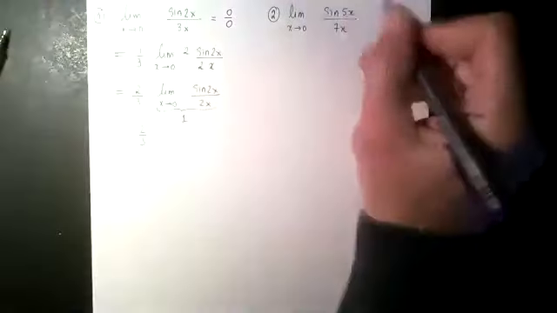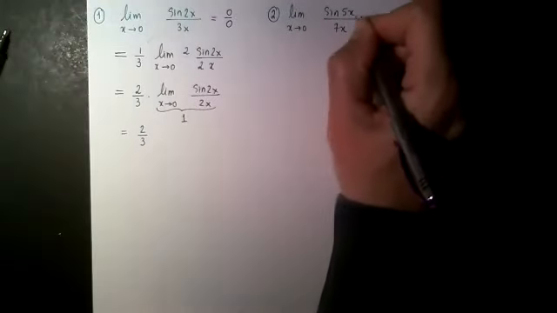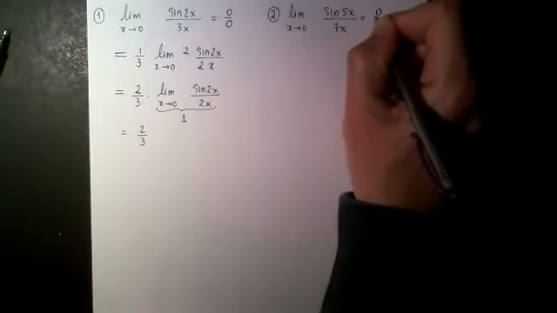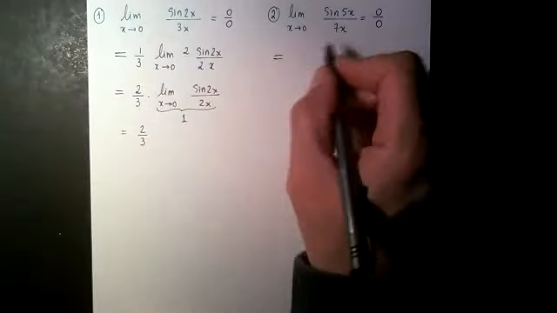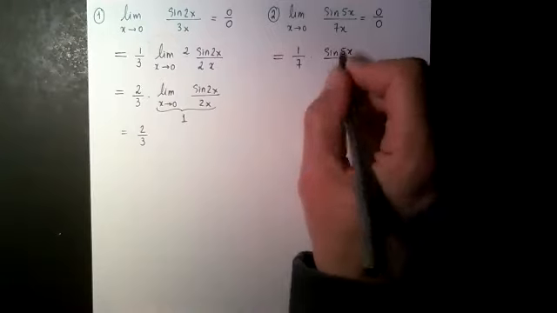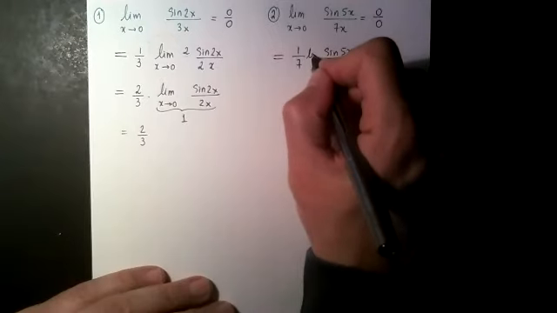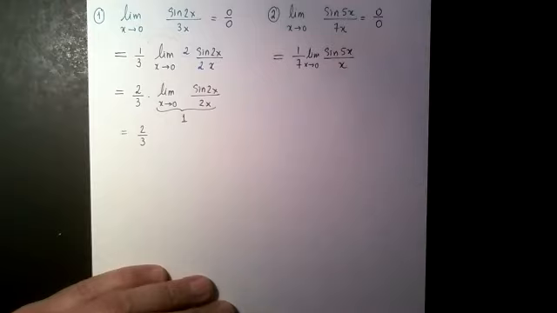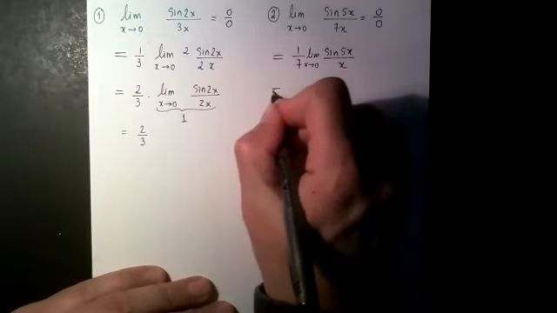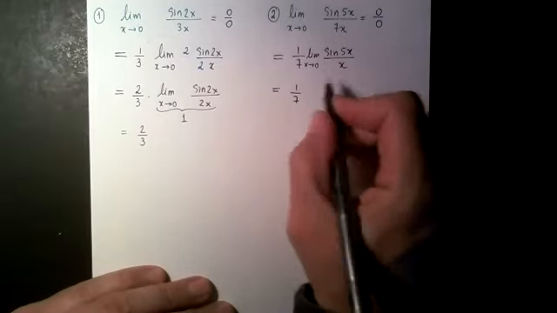The first thing we do is check that it's 0 over 0. Perfect, 0 over 0. And so it equals the exact same thing as before. Pull out the 1 over 7 times the limit as x approaches 0 of sine 5x over x, equals 1 over 7.